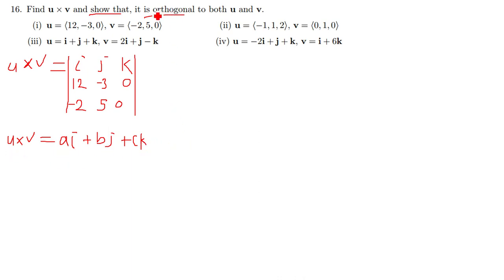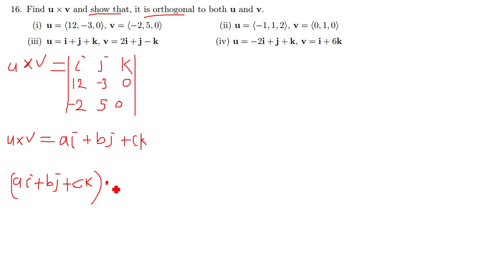Then to show that it is orthogonal to both u and v, you take the answer you've gotten, ai plus bj plus ck, and dot it.